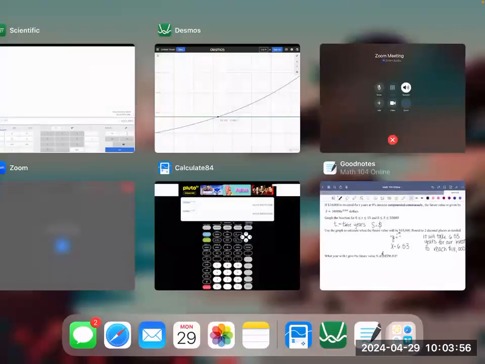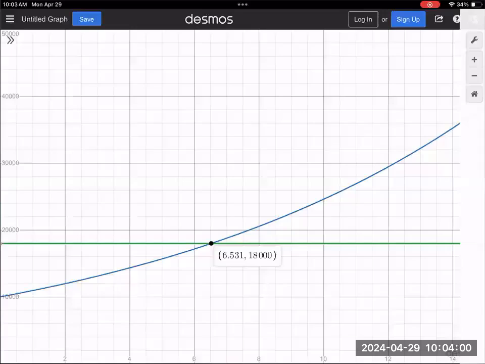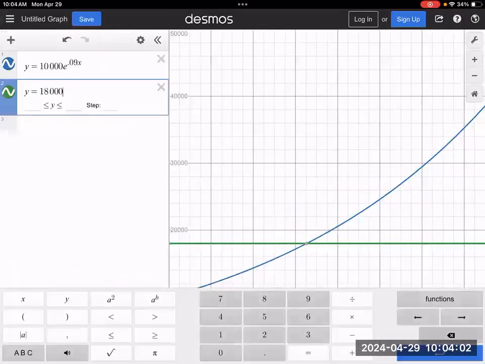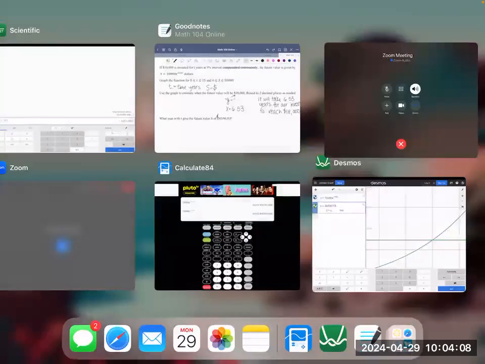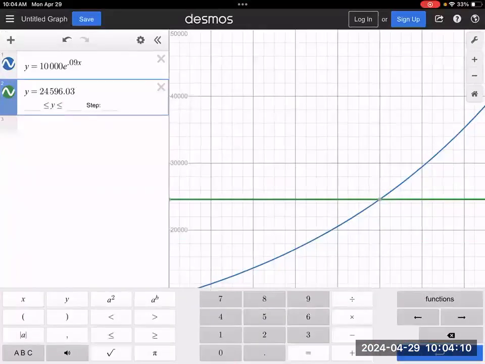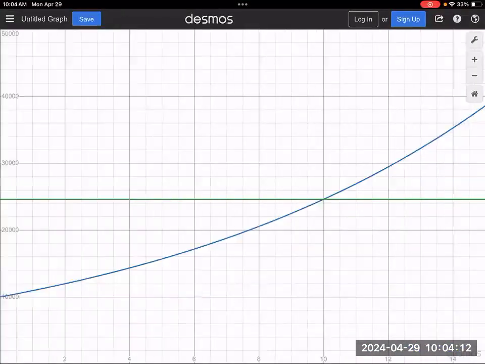We said $24,596 and 3 cents. Okay, so one more time, we're interested in that intersection. It'll take us 10 years.